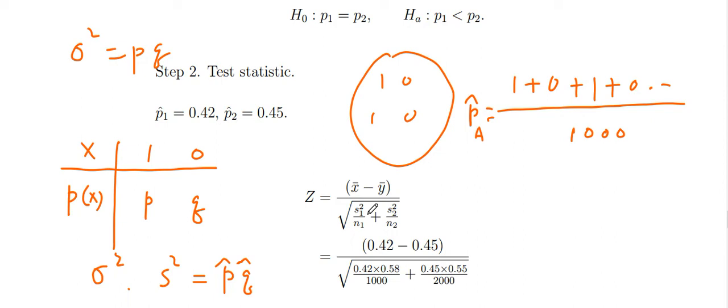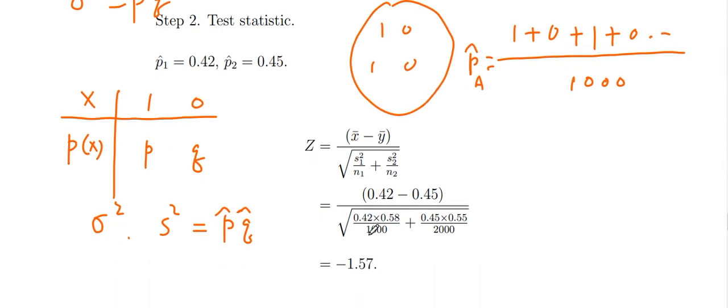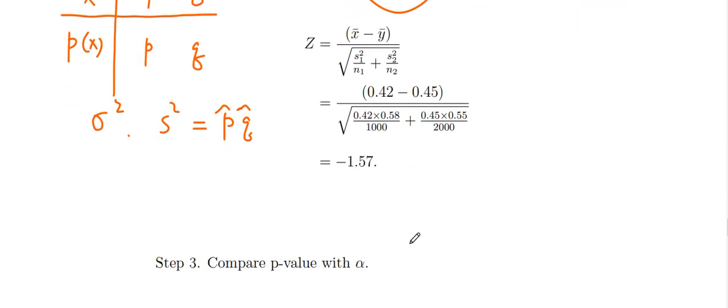So S1 square is P hat 42 times Q hat, which is 1 minus P, so 58, divided by 1,000. And P2 hat is 45 times 55 over 2,000. So we found this number is 1.57.